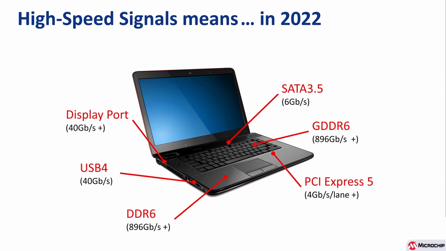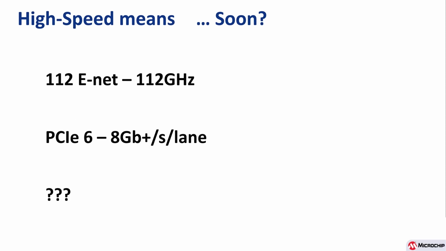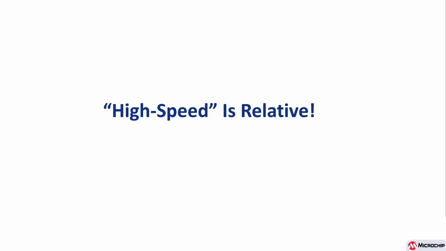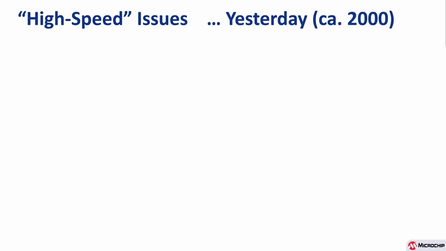In 2022, we're looking at 40 gigahertz plus: DisplayPort, USB 4, DDR6, graphics DDR6, and more. Soon, what does high speed mean? Well, we know 112 Ethernet is on the horizon, 112 gigahertz. PCI 6, 8 gigabits plus. Who knows what else? The point is, high speed is relative. It changes, and we have to change our understanding along with it and our execution along with it.